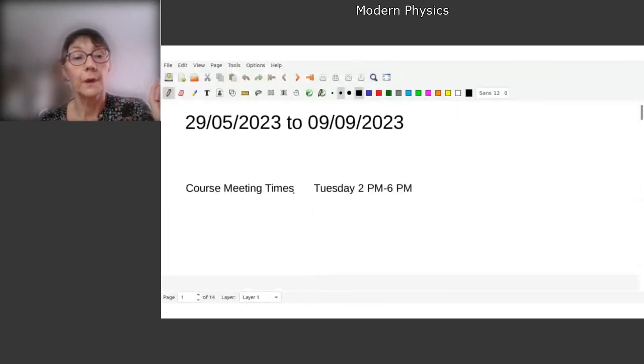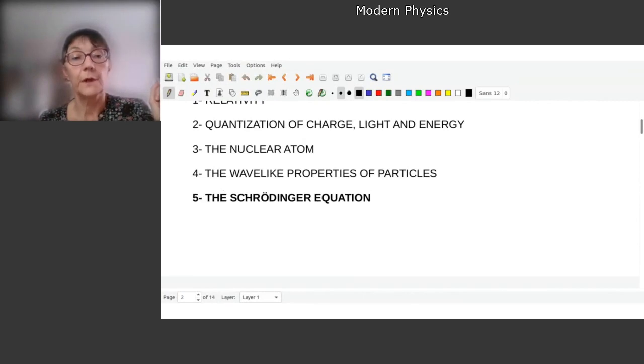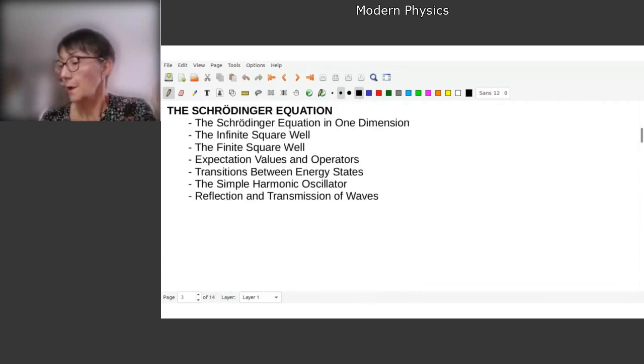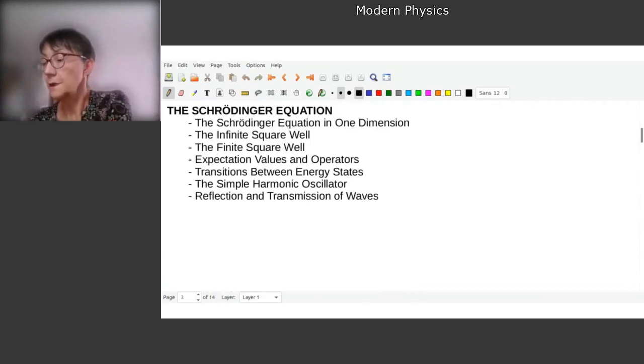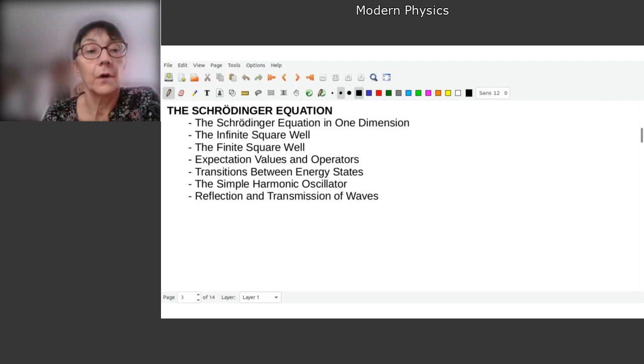Okay, so today is the last topic of this course, the Schrödinger equation. This is what is in the book. We won't have time to cover all these topics, and essentially I will talk today of this part, the Schrödinger equation in one dimension.